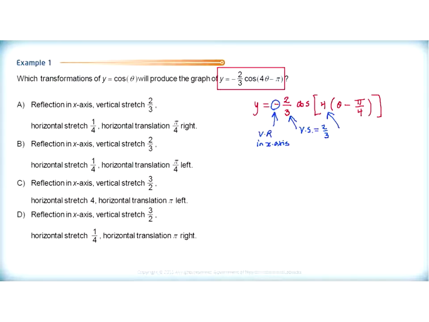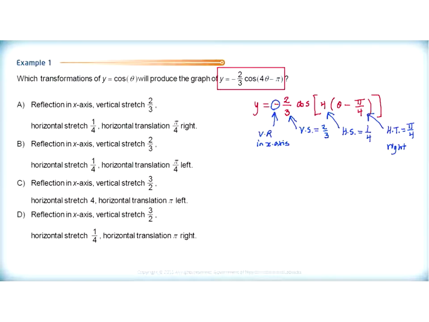We need to use the reciprocal of 4 to determine the horizontal stretch equal to 1/4, and then the pi over 4 at the end represents a horizontal translation equal to pi over 4 units to the right. This information corresponds with, we're looking for a reflection in the x-axis, which is common to all 4 choices.